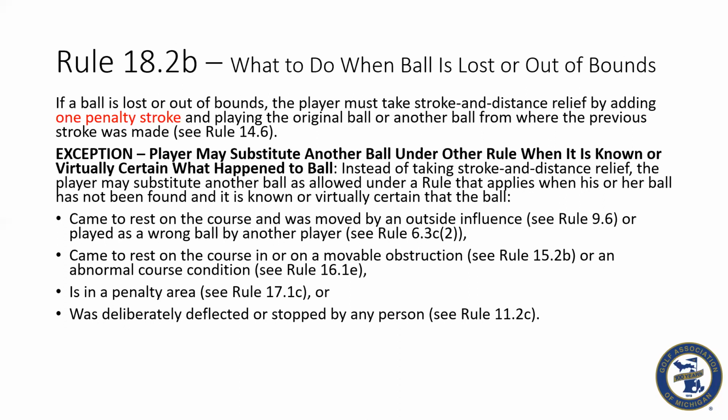Same thing if the ball was hit down the middle of the fairway and it went into a pipe. The player can take free relief from that pipe if it's known or virtually certain that it's in there, or they can take penalty relief and go back where they last played from. Another example could be if that pipe was in the middle of the forest, they probably wouldn't want to take free relief from there, and they'd rather just go back and play because they're not going to hit the ball from the middle of the forest.